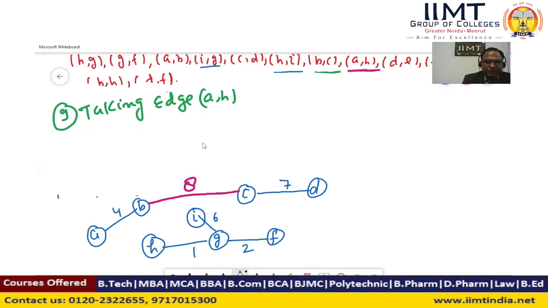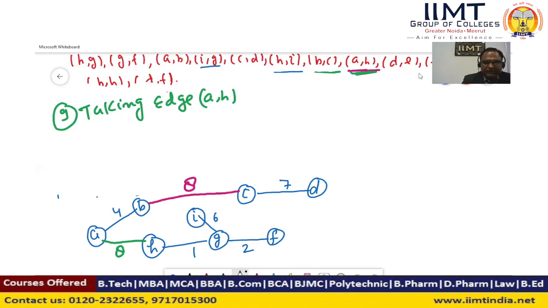If we take this a comma h, we have to consider whether it will create a cycle or not. No, it will not create a cycle. We can take it, a comma h, this one. And the weight of this edge is 8. So we have processed up to this edge.